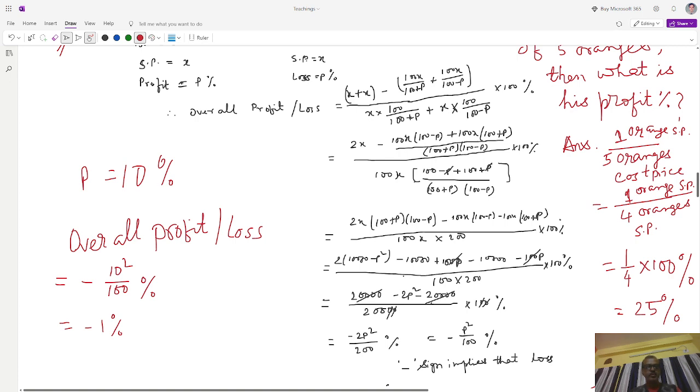Minus symbol implies that it is a loss. Overall, the deal is in loss by 1%.